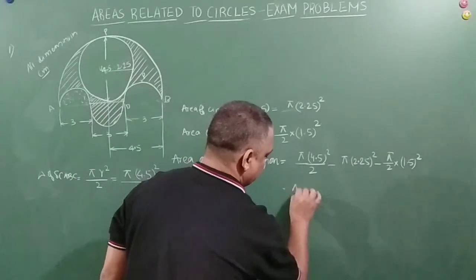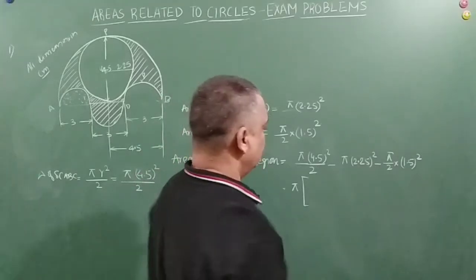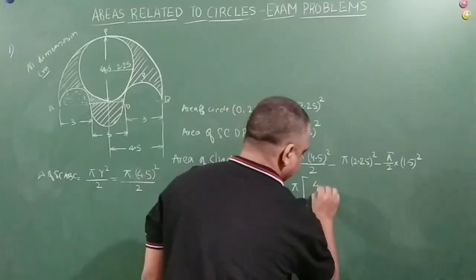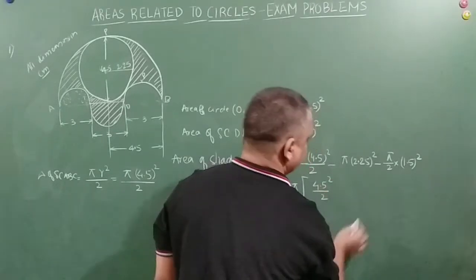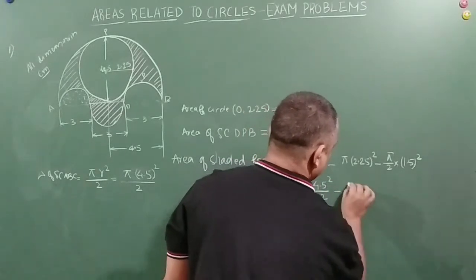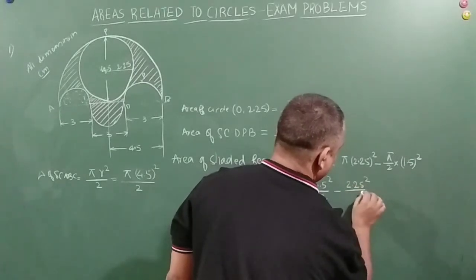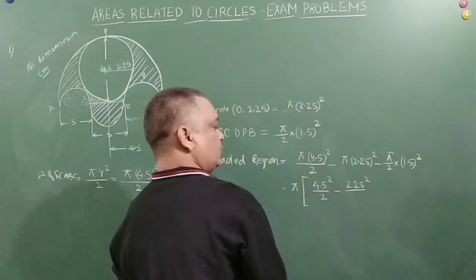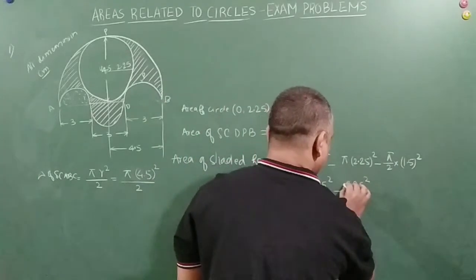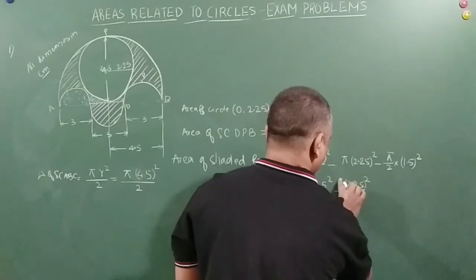That is our pi. Now, friends, this is 4.5 square divided by 2 minus 2.25 square. What we can do, we can take 2 here, or not required.